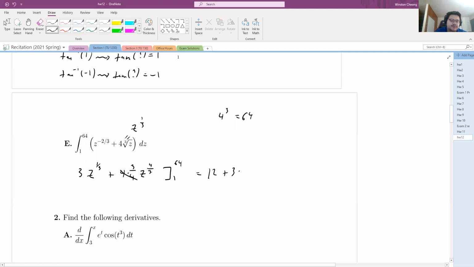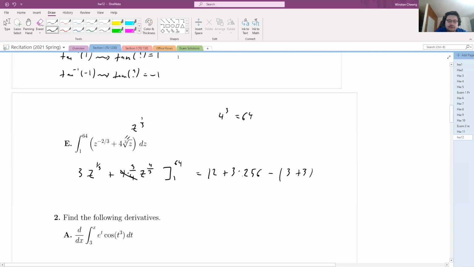Plus 3 times. All right, and so here I actually have to raise 4 to the 4th power. That's multiplying this by 4, so 128, 256. And then you subtract off, evaluating this at 1. Well, okay, that's not so bad. 3 plus 3.